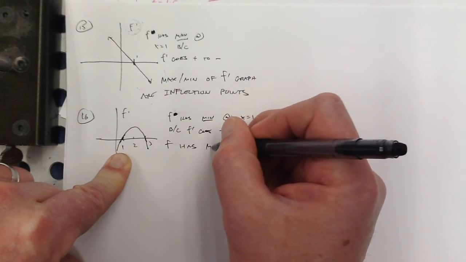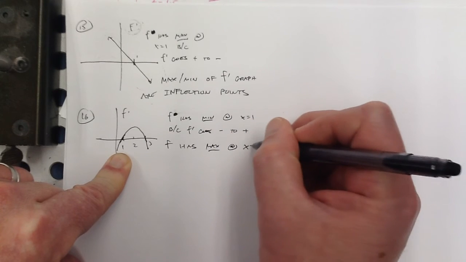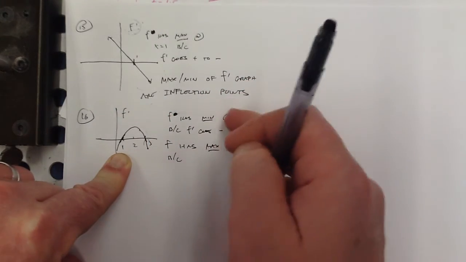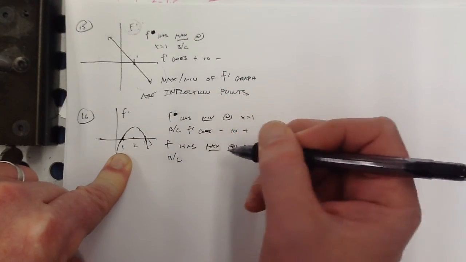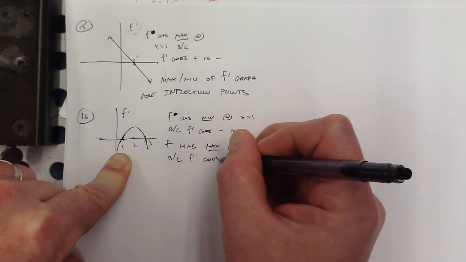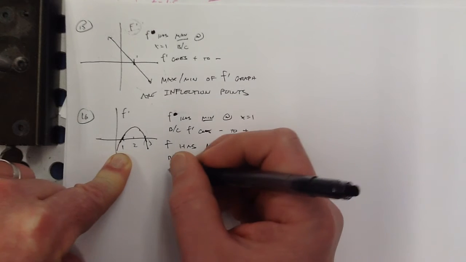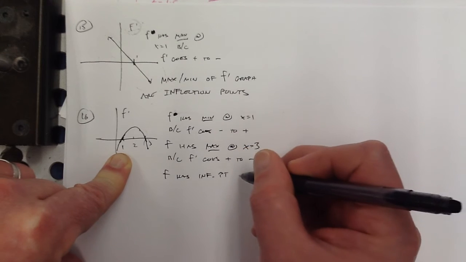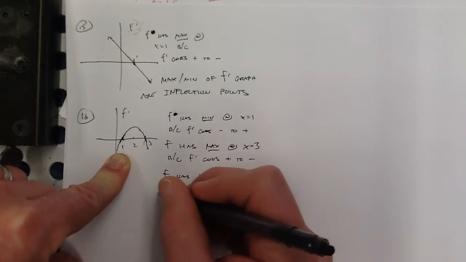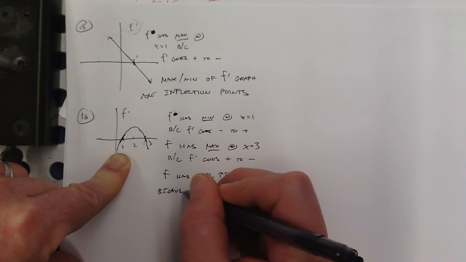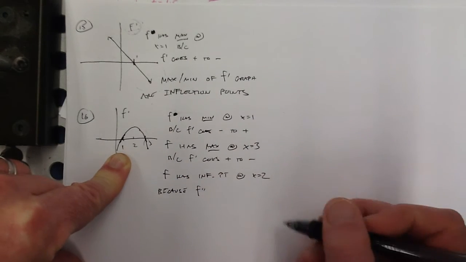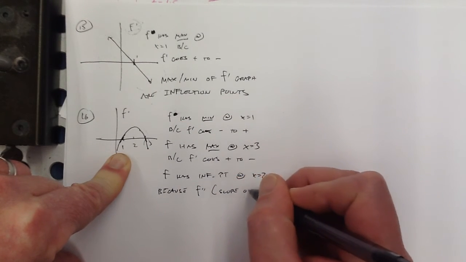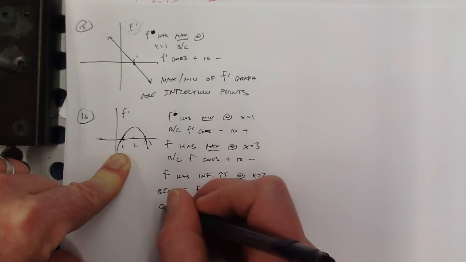F has a maximum at x equals 3 because it goes from positive values to negative values. That's increasing to decreasing. And f has an inflection point at x equals 2 because the second derivative, which is the slope of the first derivative, changes sign.